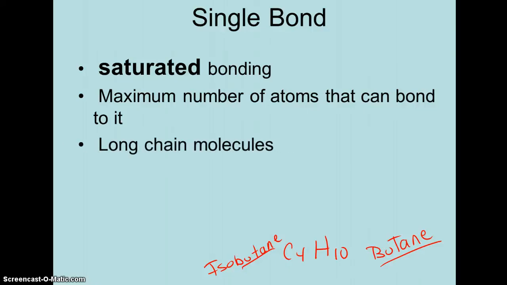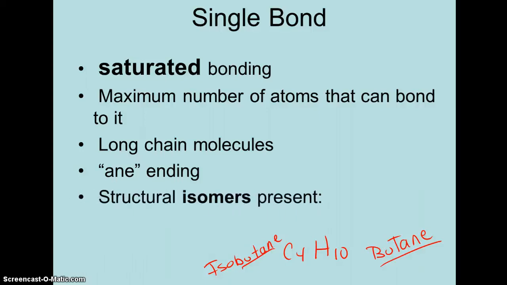They can be really long chain molecules, like we just did. They end in ane because they are single bonds. So all your single bonded compounds, for example, all the ones that we just did, are saturated because they contain strictly single bonds. They do end in ane.